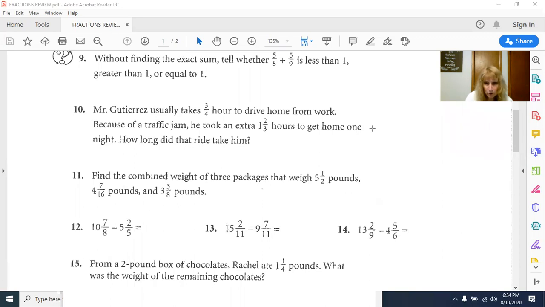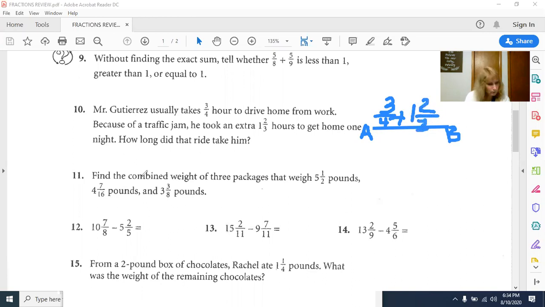I like to draw a picture, so he normally takes 3/4 of an hour to drive from point A to point B. But in a traffic jam, he had to sit in the traffic jam for an additional 1 hour and 2/3. 1 2/3 hours, I should say.